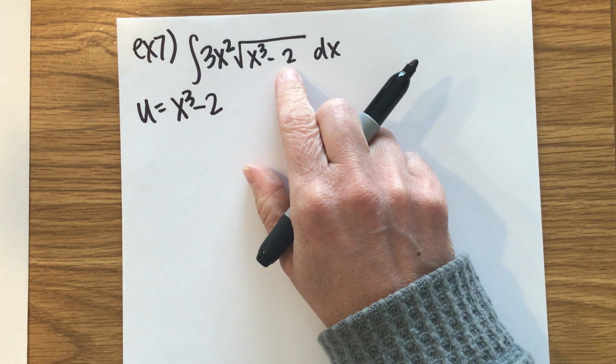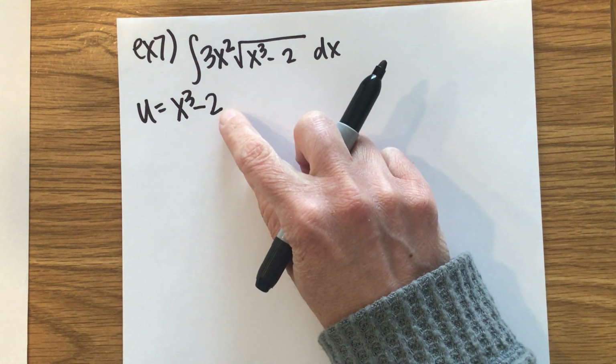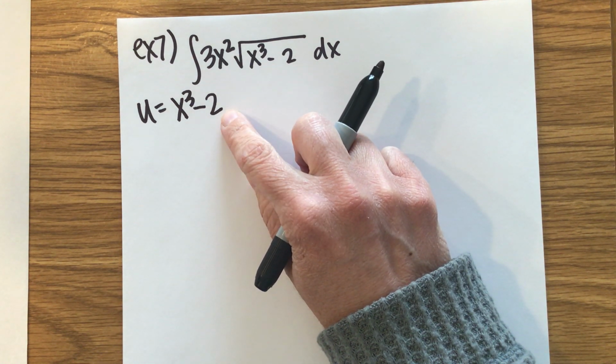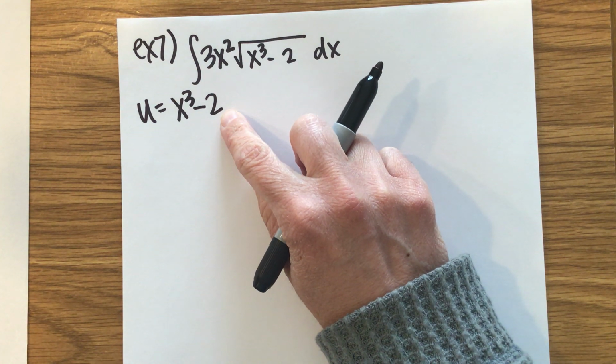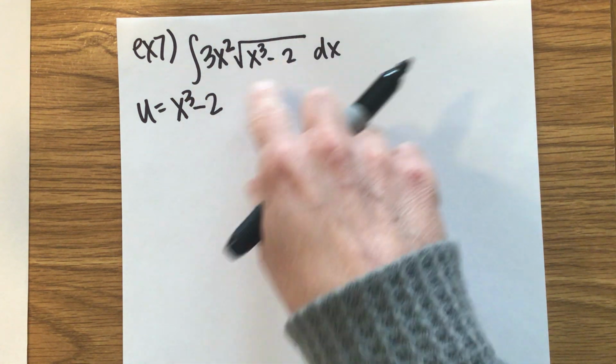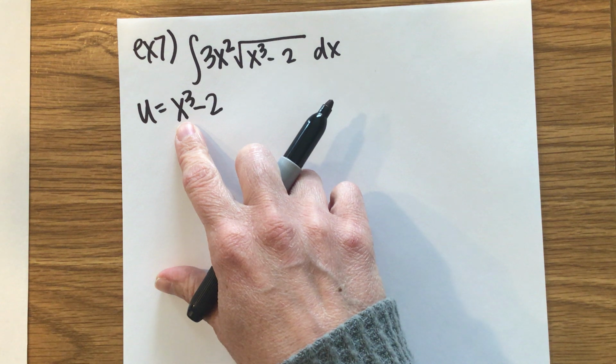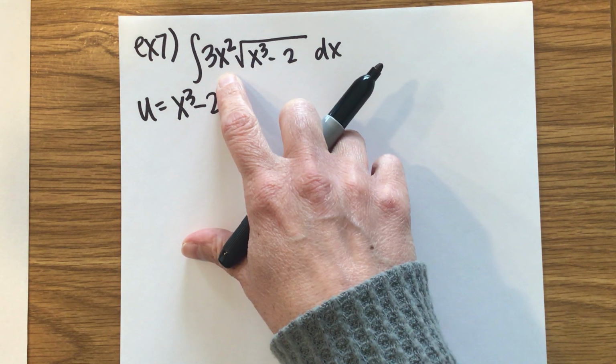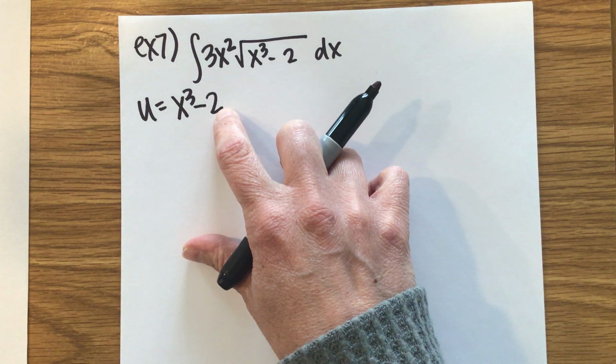So all the stuff under the square root. When I look ahead, I know that the derivative of this will end up being in the function with my substitutions in the integral, and the derivative is 3x squared. I see a 3x squared there, so I know that this is a good choice.